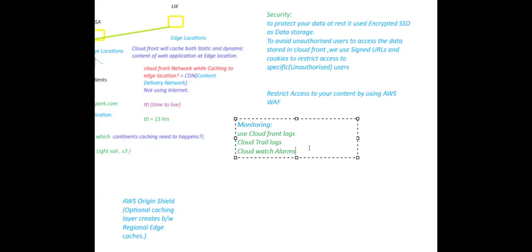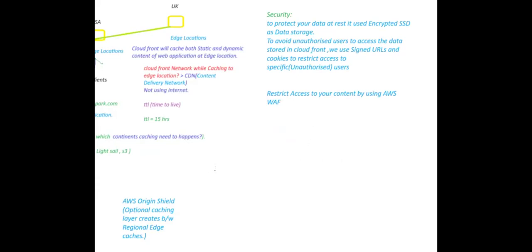So these are the two general ways where we can watch the logs. And by using CloudFront logs, you can create logs particularly for CloudFront as well, same like how we created for VPC logs. Here also you can see CloudFront logs.